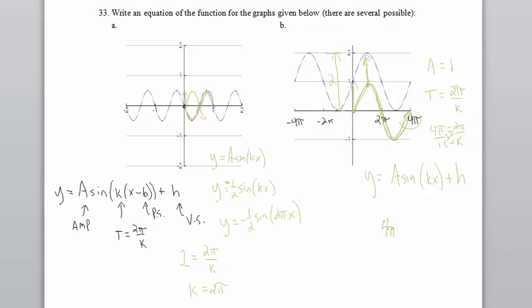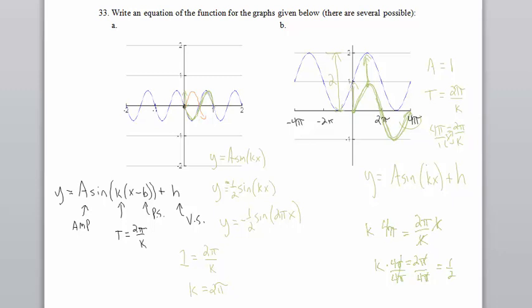The period is 4 pi, which I get from the graph, and that's equal to 2 pi over k. So multiply both sides by k, or cross multiply. You get k times 4 pi equals 2 pi, and then of course you would divide by 4 pi. So that's where I'm getting k to be 1/2. That's key to the problem.